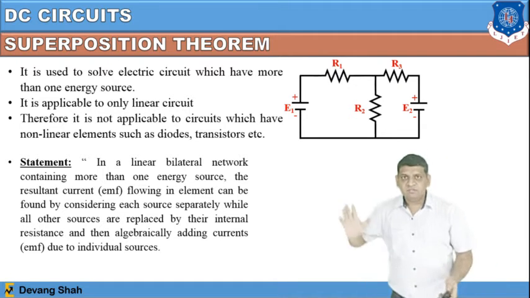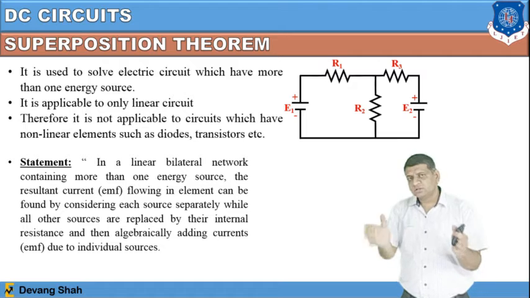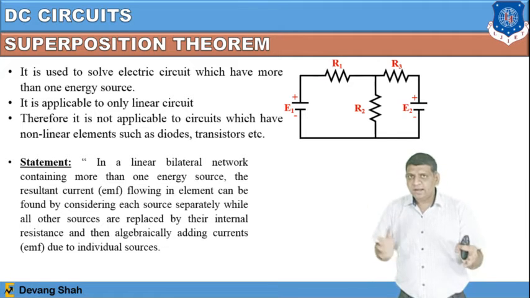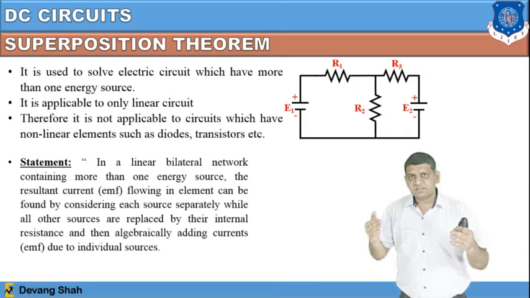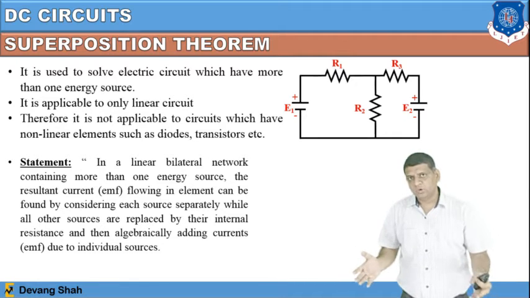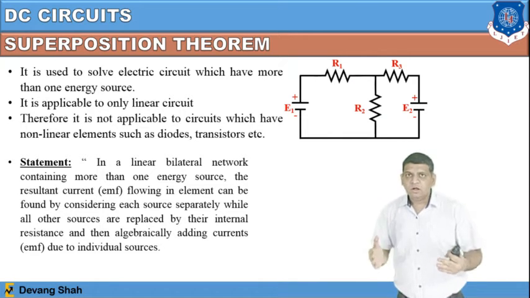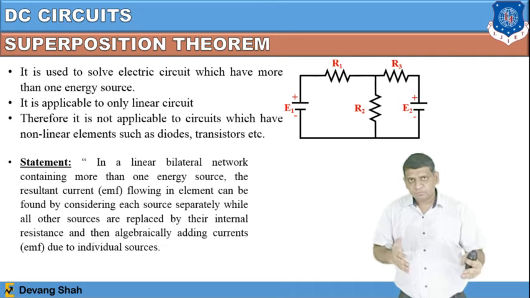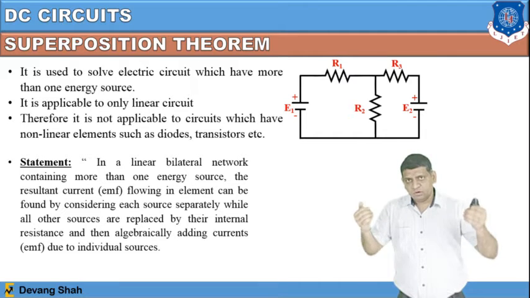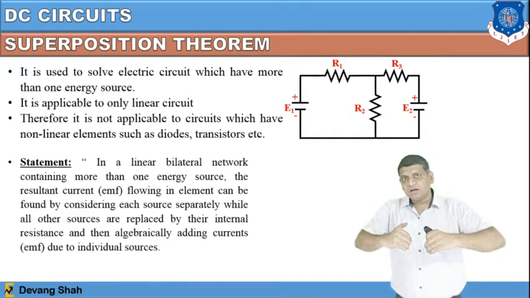So what does it mean? In this particular network, there are two voltage sources, and let's say I want to find the current passing through resistance R2 or the voltage drop across R2. I have to consider the effects of both E1 and E2 on the specific resistance R2.